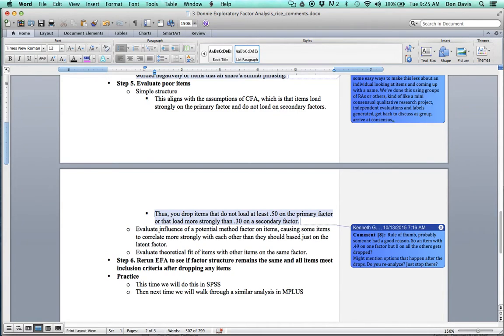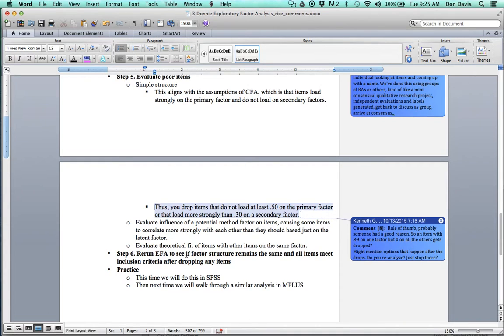So that's a little bit technical, and we'll look at that together. The other thing that's more subjective is you can eyeball the items, and if there are some items that just don't seem to fit theoretically with the other items on the subscale, then you might make an argument for dropping those items.